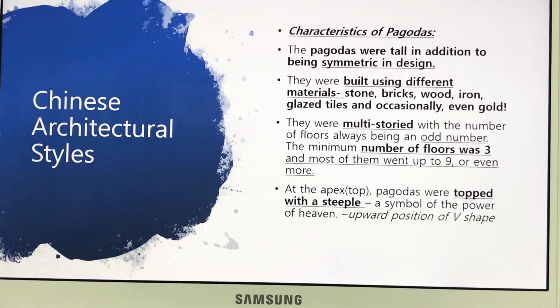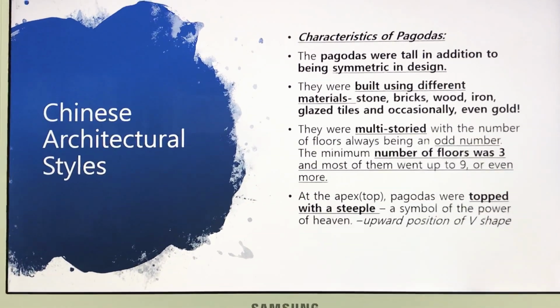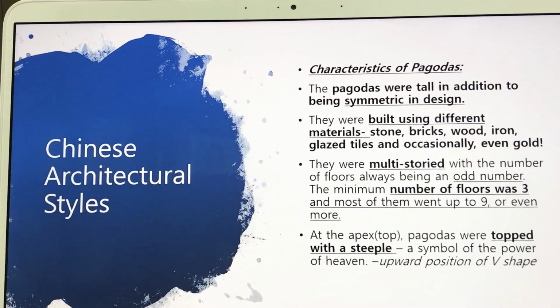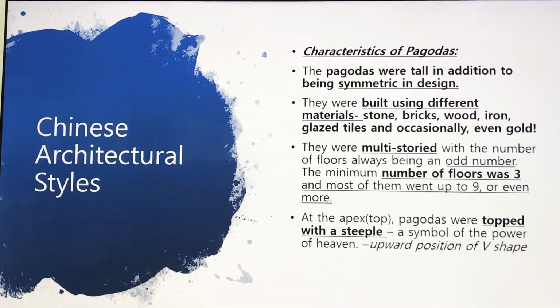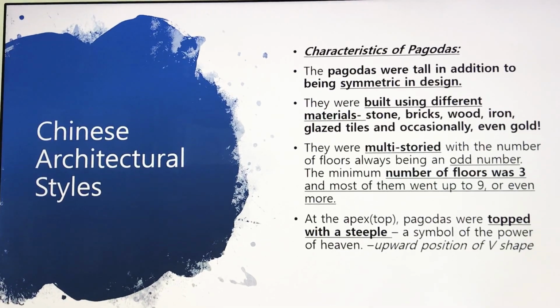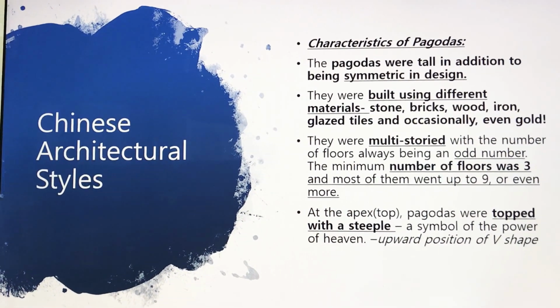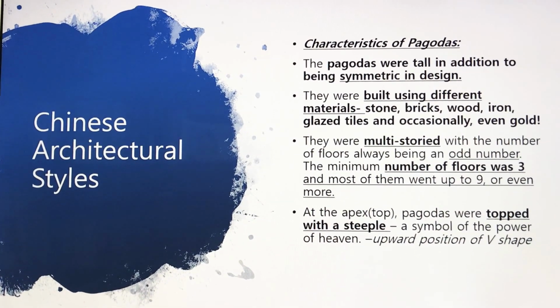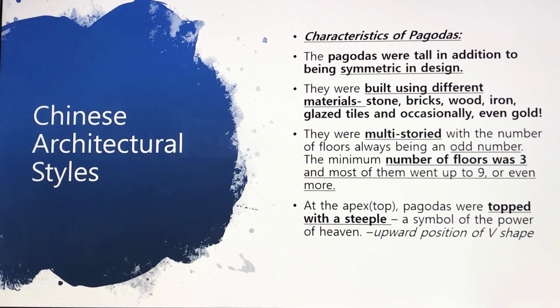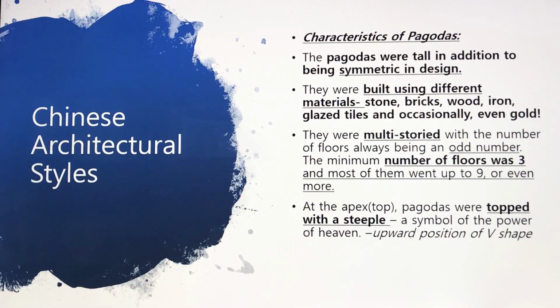So these are the most important factors you notice about Chinese architectural styles. Number one, the pagoda, which is what we are going to study today. A pagoda is basically tall, with a very symmetrical design.